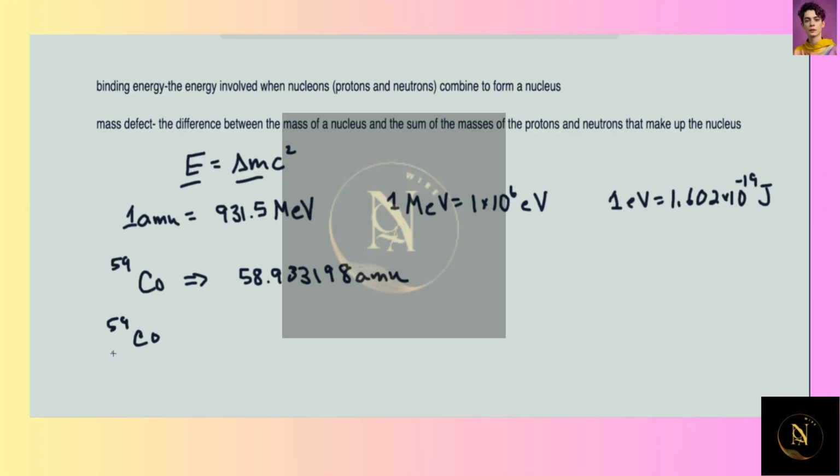The atomic number of cobalt is 27, which is found on the periodic table. So that means there are 27 protons that make this up. The number of neutrons is the mass number, 59, minus the number of protons, the atomic number, 27, or 32 neutrons.